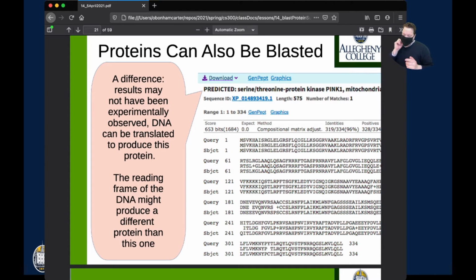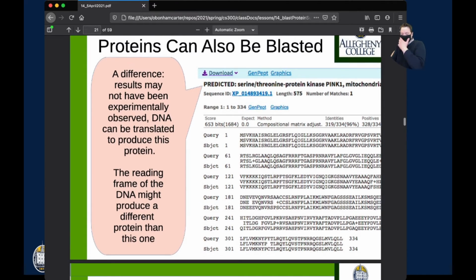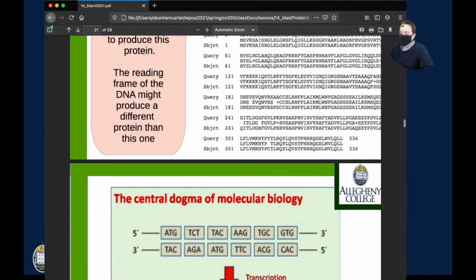We'll talk about that in about 10 minutes. But it's very cool. So you have this predicted thing here. Looking at a piece of protein, you don't know what exact DNA was used to get there. It's a non one-to-one function, as we'll see in just a moment.